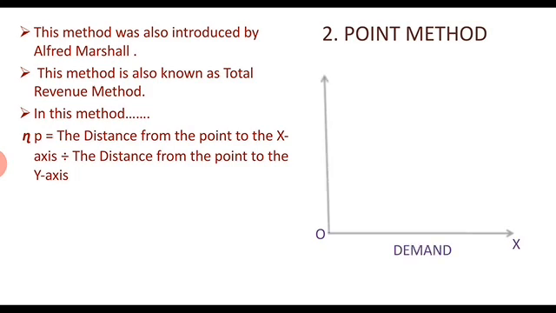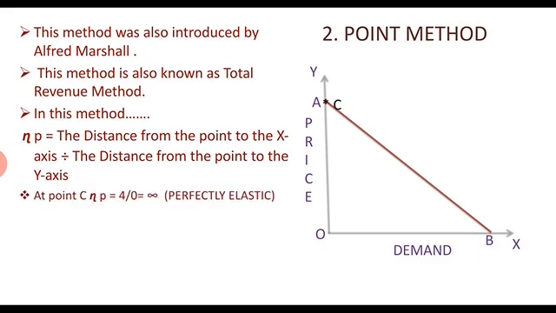Demand is measured on the x-axis, price is measured on the y-axis. Here AB is the demand curve. At point A, eta P is equal to 4 by 0, which is equal to infinity.